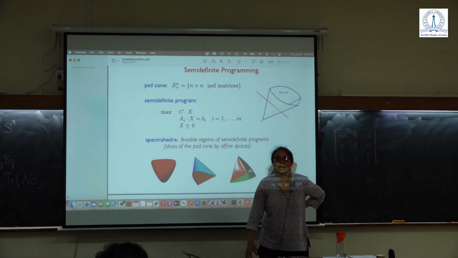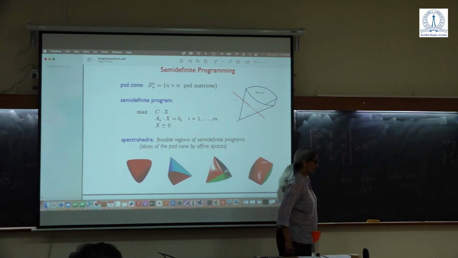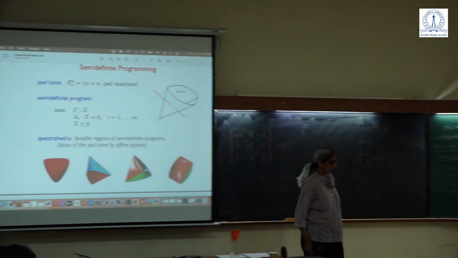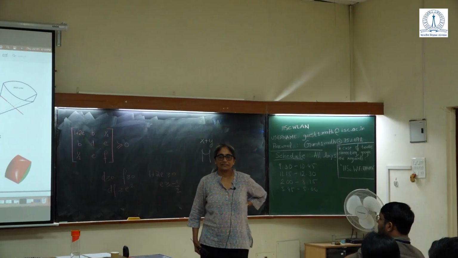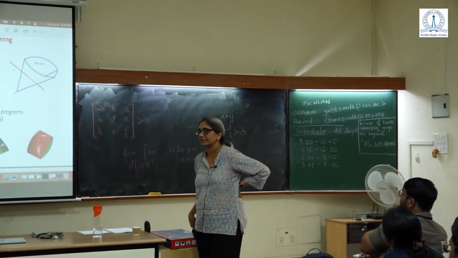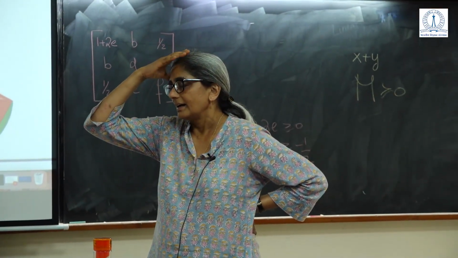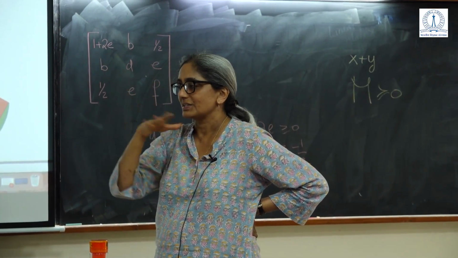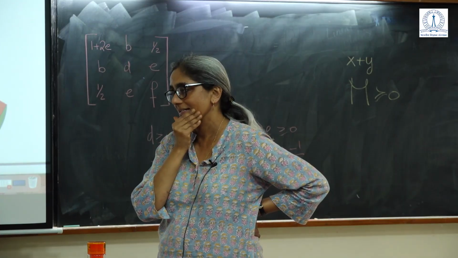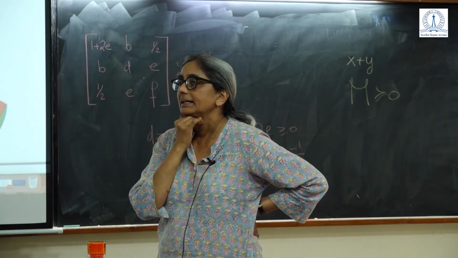Yeah? Something out of context, why are they called spectrahedra? I think it was named by somebody called something Ramana, who studied this in the 90s. I don't remember the first part. He's an optimization person.